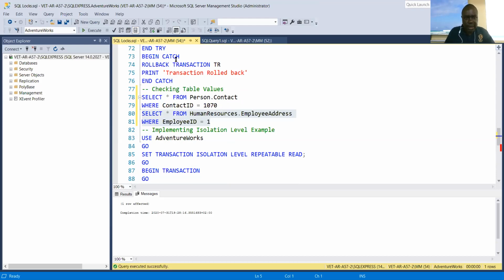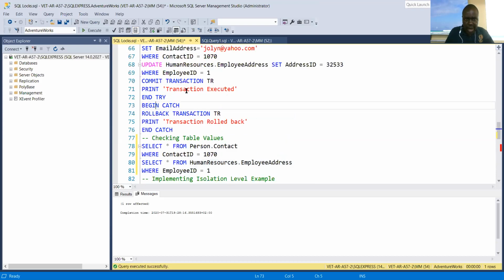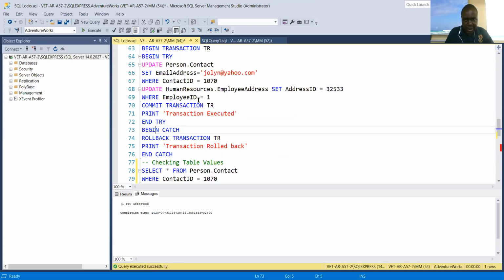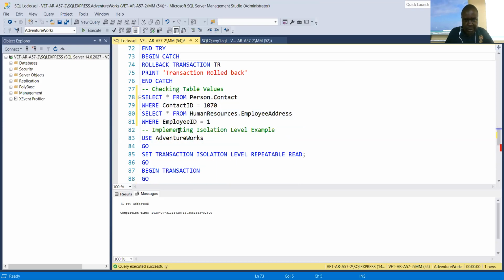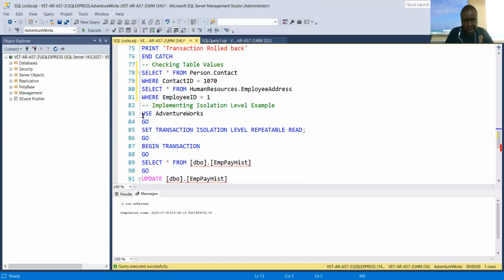The second example on how you can set the transaction isolation level is this one.